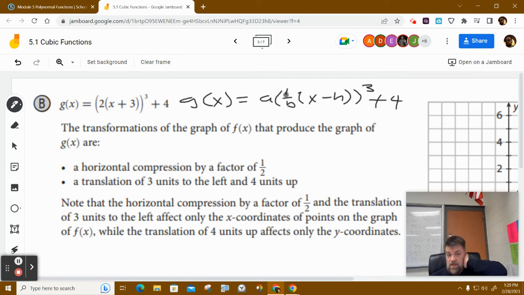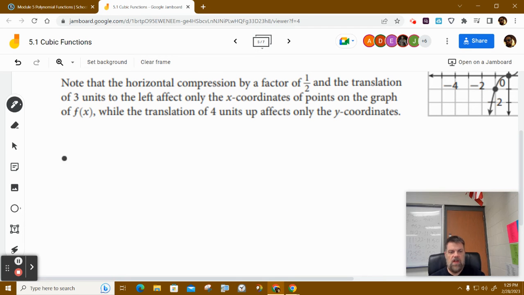So in this particular case, a is equal to 1 because there's nothing on the outside. B, and I'm going to scroll down here so we have some room. We have 2, but 2 is equal to 1 over b. So to solve for b, I'm going to multiply both sides by b.